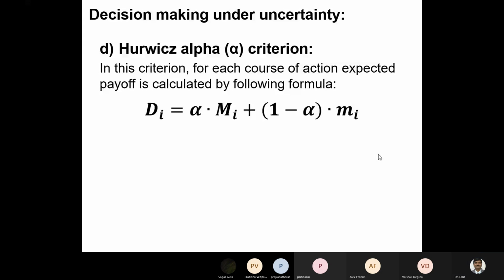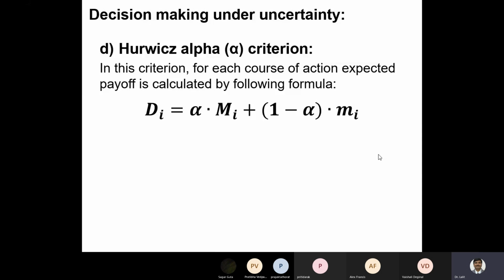Now capital Mi, the maximum payoff for any particular course of action, represents the 100% optimistic approach, and small mi, the worst payoff, represents the 100% pessimistic approach. But since your case is between the two, we multiply capital Mi by alpha and small mi by 1 minus alpha, the degree of pessimism.